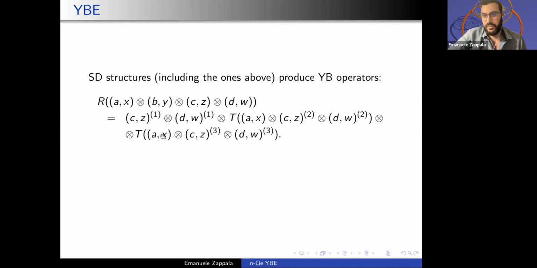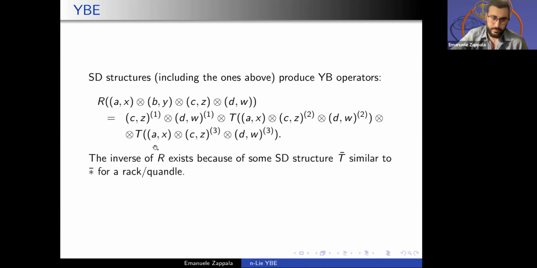And you end up having a sum, and this thing turns out to be a Yang-Baxter operator, and you can do it for n-ary self-distributive structures. You also need a sort of invertibility condition, because for a quandle, for instance, you would use a star and a star bar, which are basically the dual quandle, but here you need some sort of invertibility, which is this T bar.